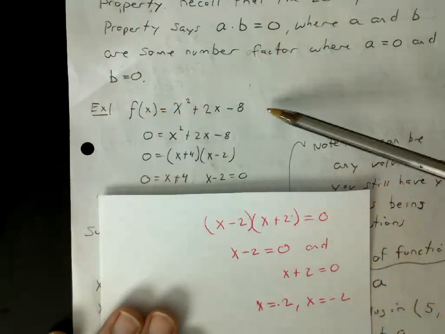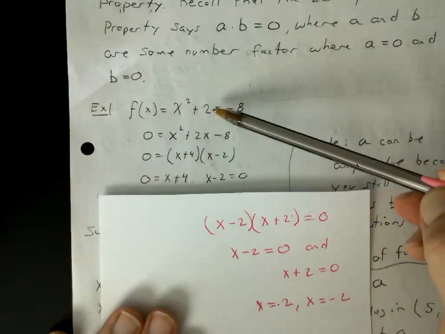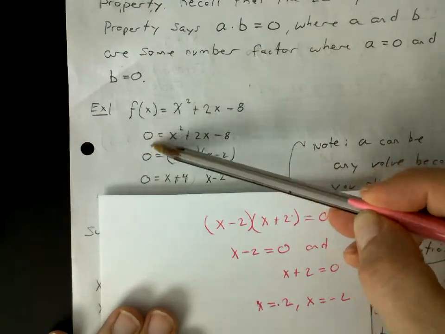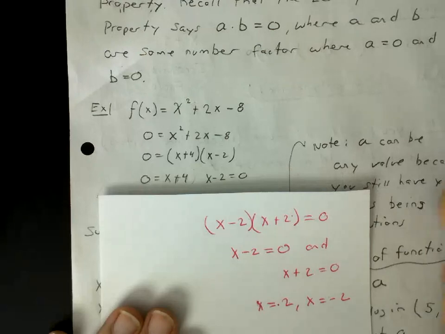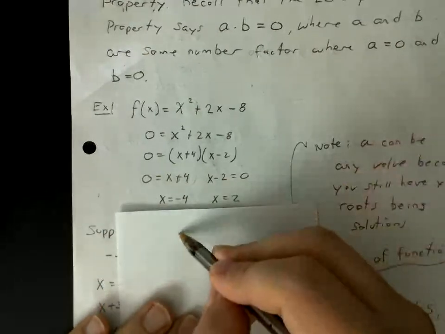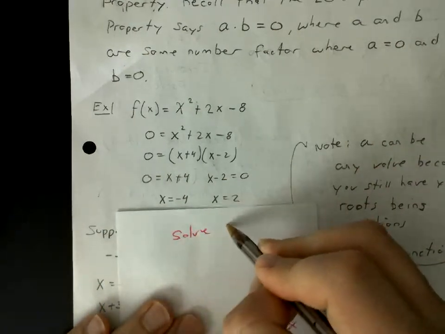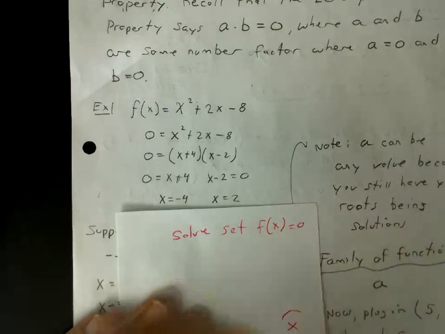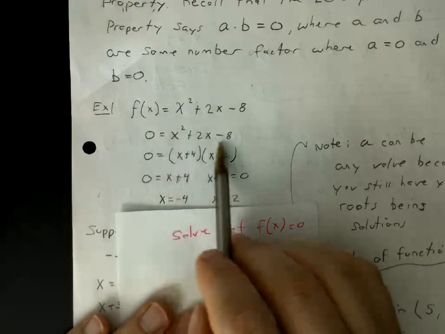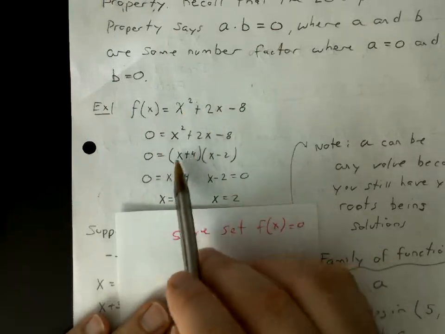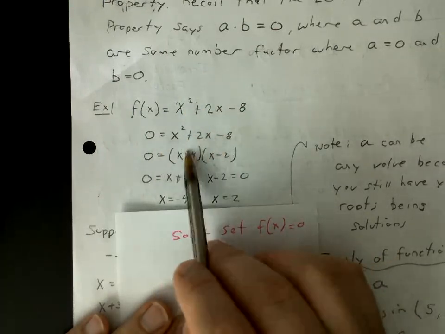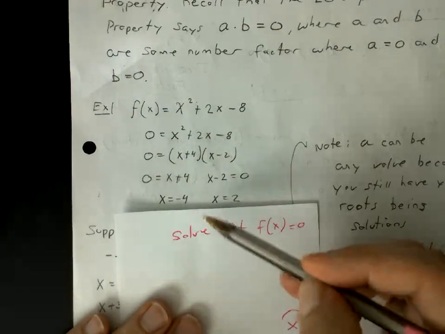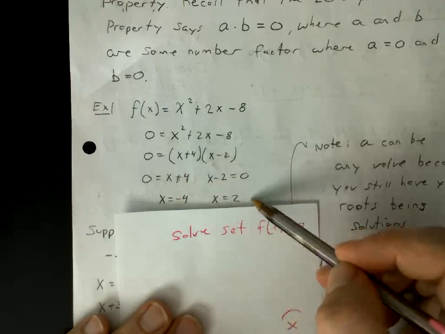So we have our function, some polynomial of degree 2, and we set it equal to 0. Remember, this is how you would solve this. You would set it equal to 0 and go ahead and do your factoring here, and then this will factor, and then you would apply the zero product property to both of these, and then you solve for x.